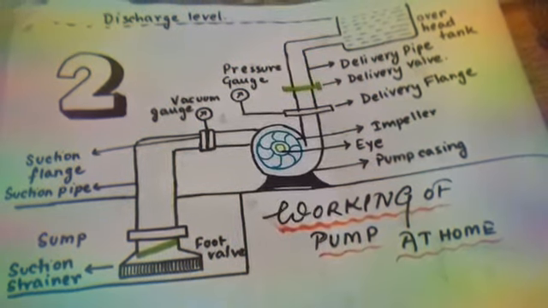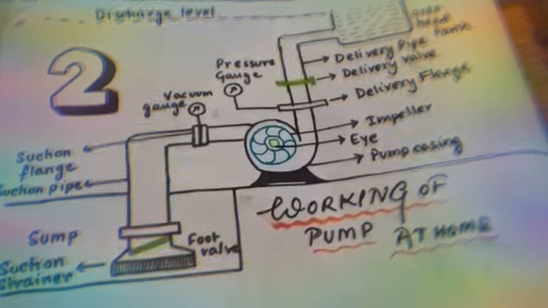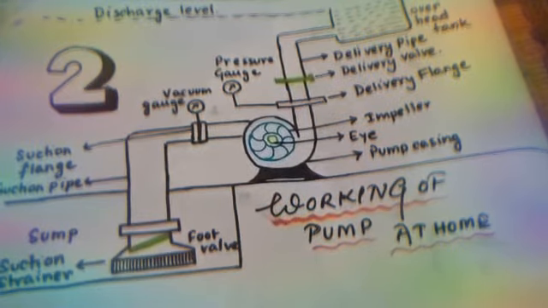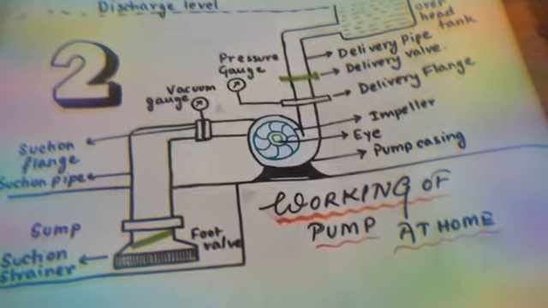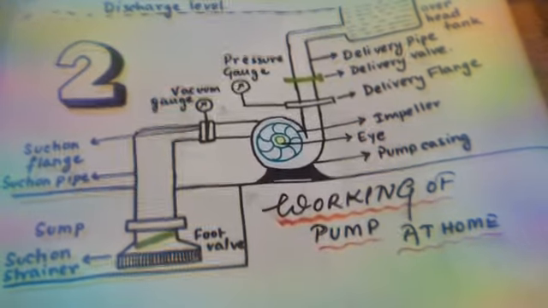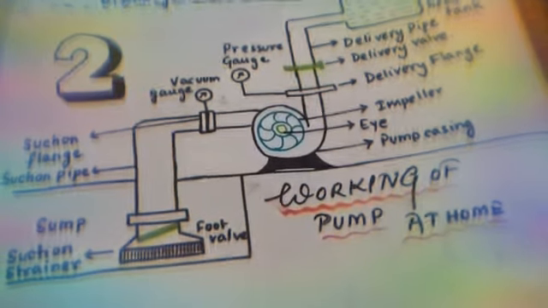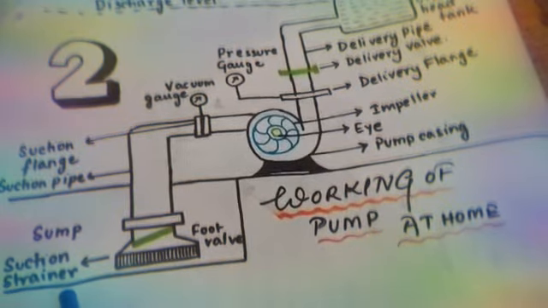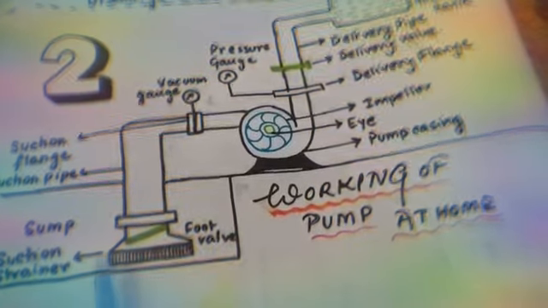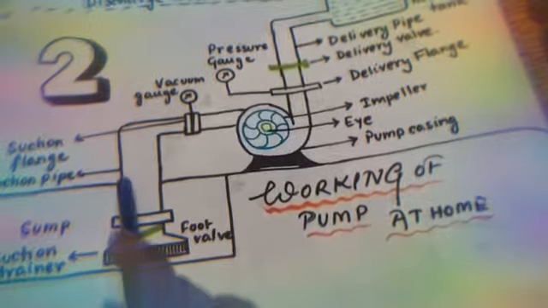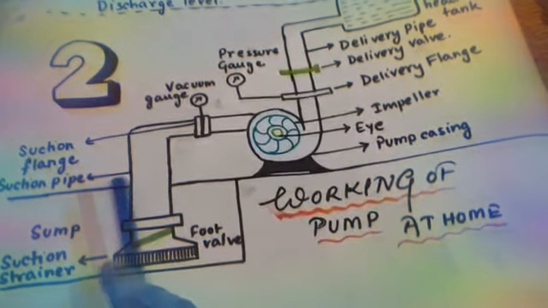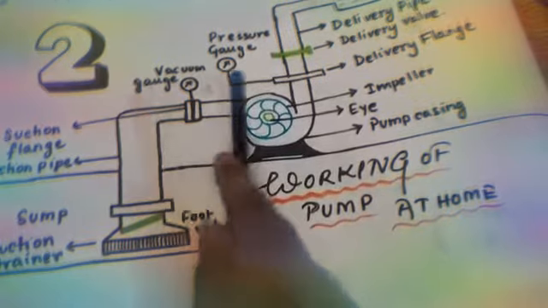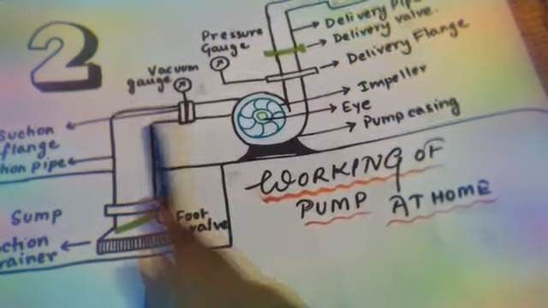Now another application would be the pump at home that we all have seen. We must know the working of this machine because it is very important. At the bottom we see the suction strainer with foot valve. The water goes through this pipe, and the suction pipe is here, guided through the vacuum gauge for controlling the vacuum of this pipe.